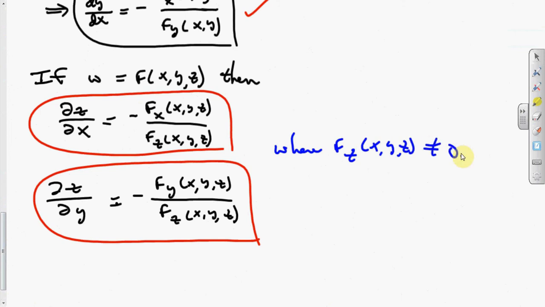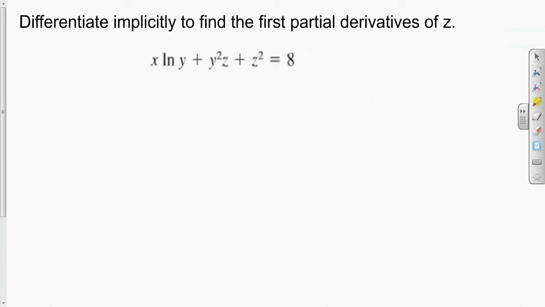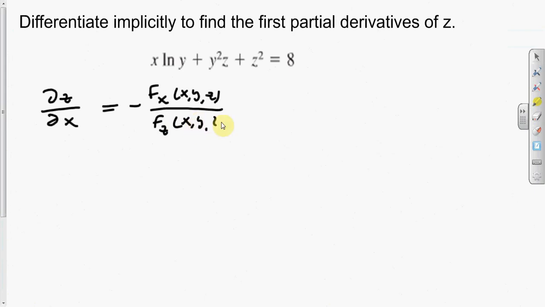Well, good. Let's look at some problems. Here, differentiate implicitly to find the first partial derivatives of z. Here, z depends on x and y. I'm looking at this function as x, y, and z. So you want to find the partial of z with respect to x. Let's write the formula. This is negative F sub x of x, y, z all over capital F sub z of x, y, z. And you want to find the partial of z with respect to y.